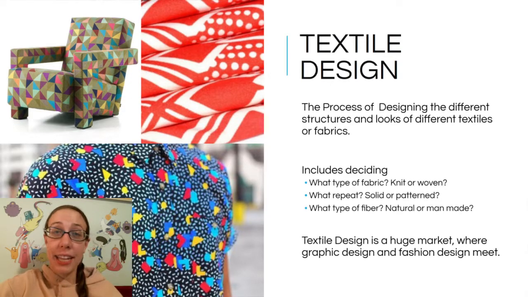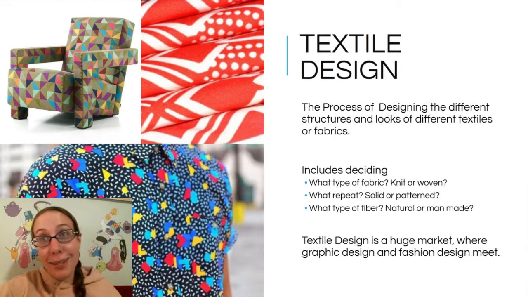along the way. What my classes normally focus on is designing the repeat patterns that go on textiles. But even if a textile is solid colored, someone still had to design that textile. There's no pattern on it, but they had to decide if it was a knit or a woven, what type of fiber it's made out of, what color fabric, what dye that was.